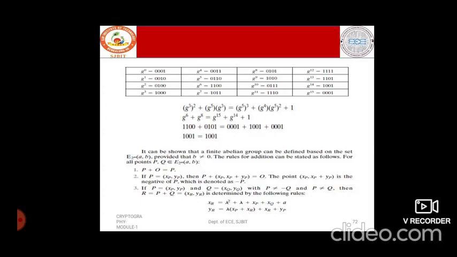This plots the points. It can be shown that a finite abelian group can be defined based on the set E2 power m (a,b), provided that b is not equal to 0. The rules for addition can be stated as follows, for all points P, Q belonging to E2 power m (a,b), and these are the rules to be followed.